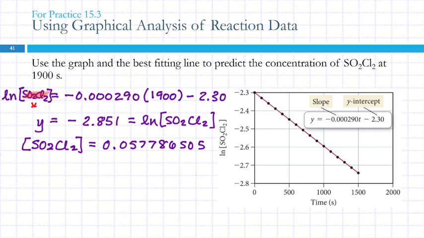I'll write this on the board because otherwise I'll forget it. So we're doing natural log of x is equal to negative 0.000290 times 1900 minus 2.3.